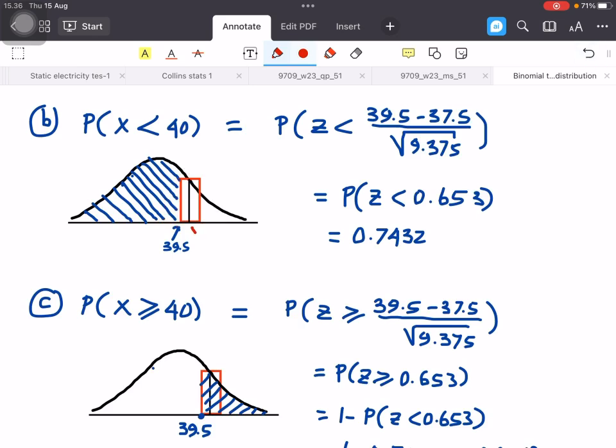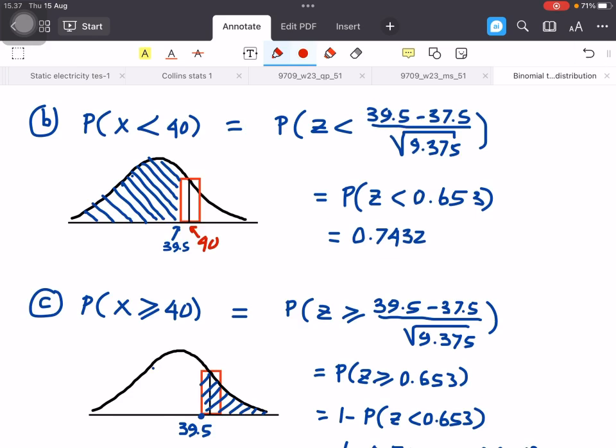So since the middle one is 40, this value is more likely to be 39.5, which is found by subtracting 0.5 from 40. So in order to find the value of Z, instead of using 40, we are using 39.5, because we need to apply the correction.